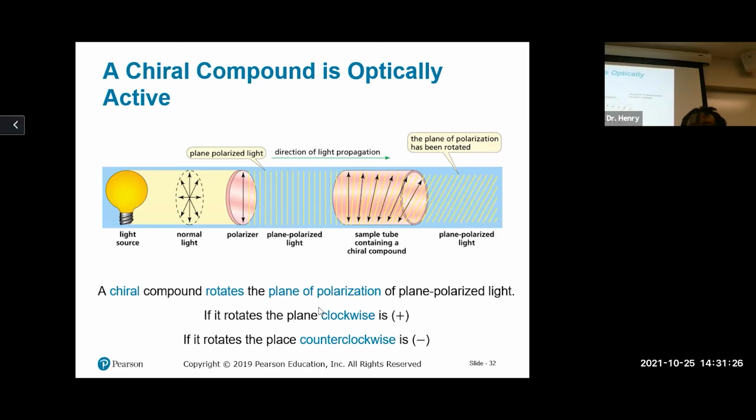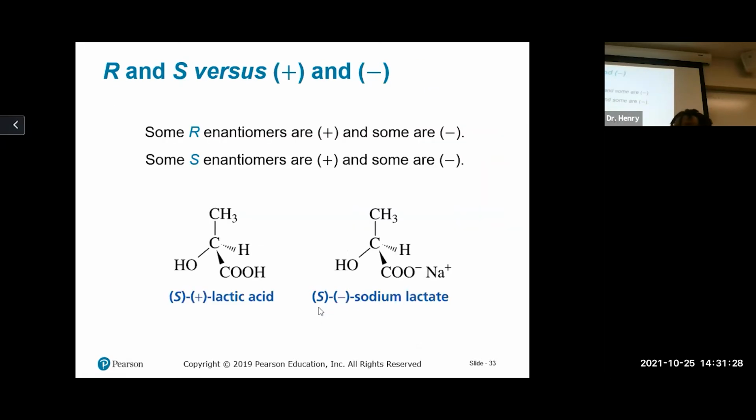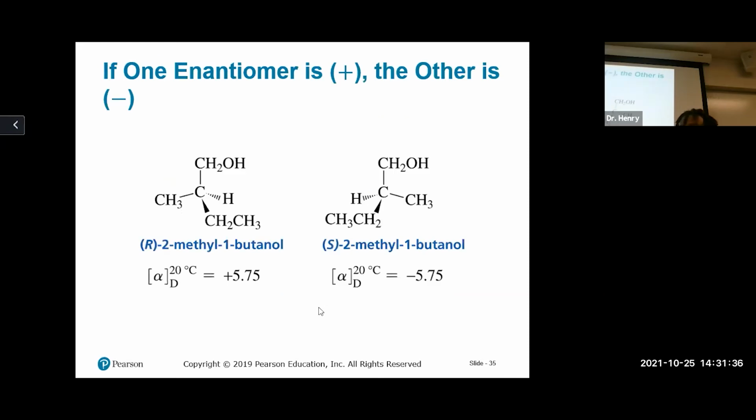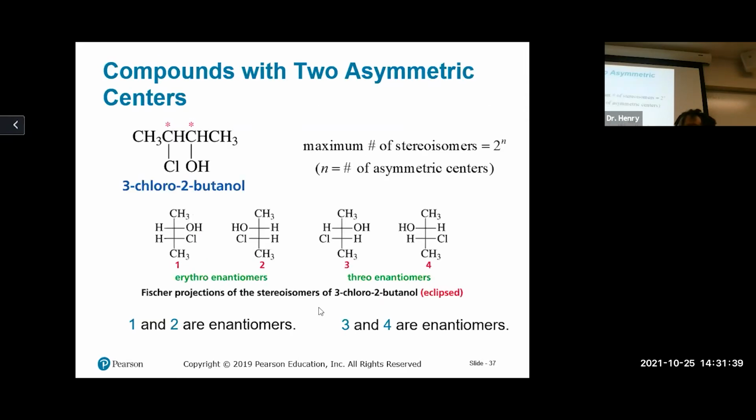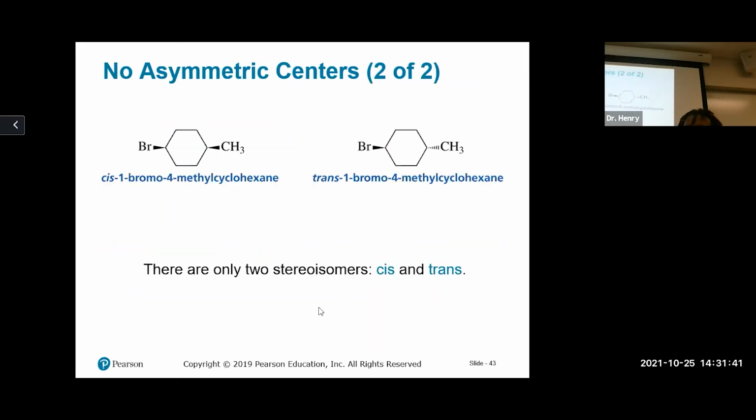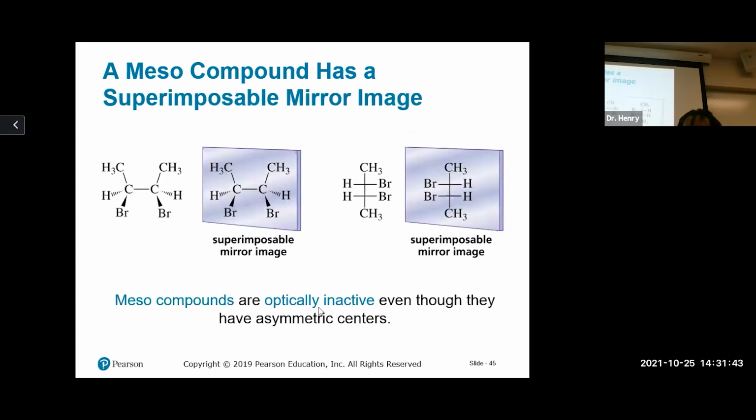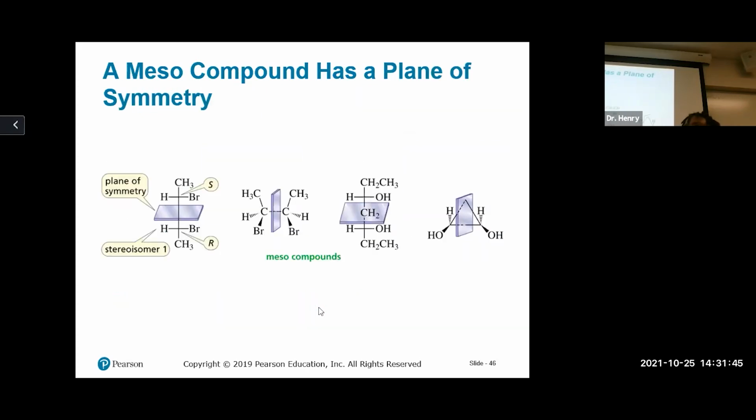Which makes sense, the R's and the S's. The meso is neither R nor S, it's just a single compound. So it's going to be optically inactive. Okay, so the meso compound has a plane of symmetry.